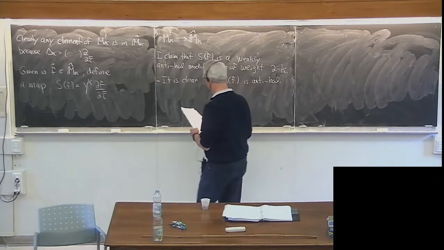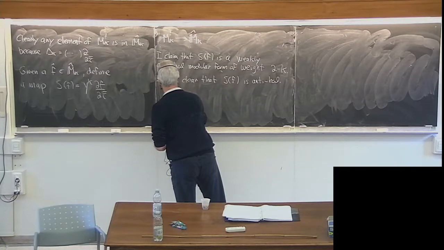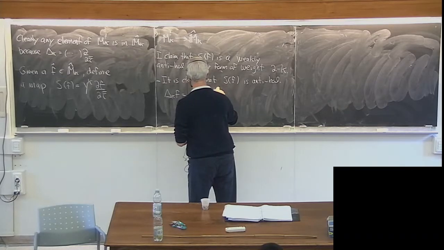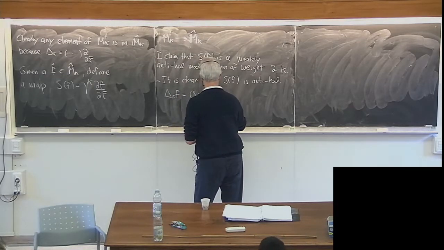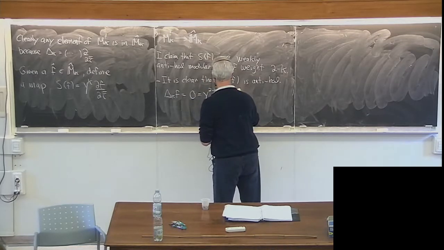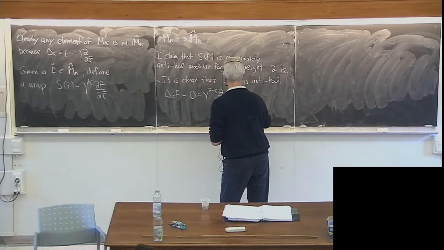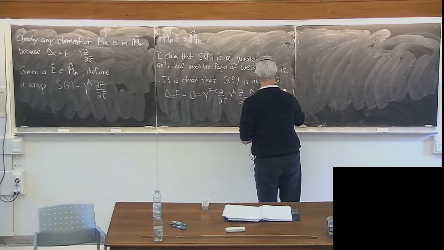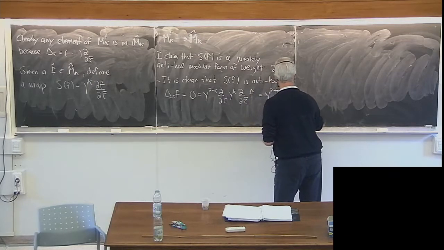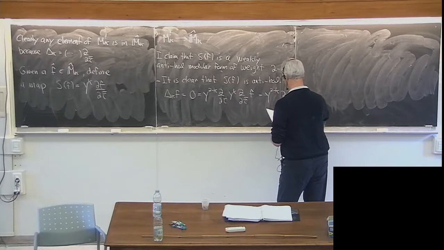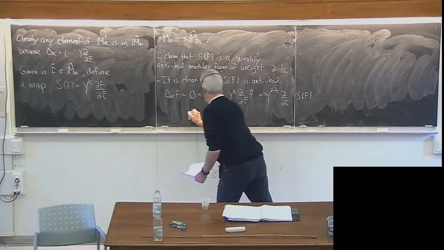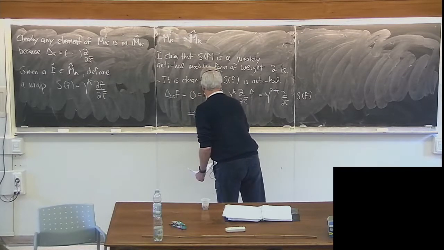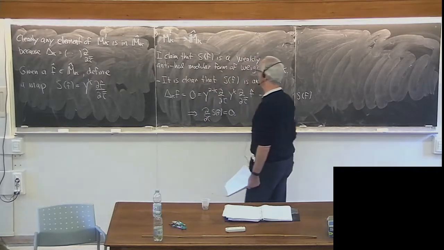And we know that the weight k Laplacian on f is 0, and this is y to the 2 minus k d by d tau of y to the k d by d tau bar of f, but that's y to the 2 minus k times d by d tau of S of f, and therefore d by d tau of S of f is equal to 0.